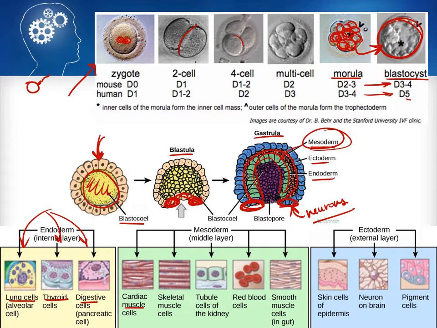This is going to be lots of muscle, some of our kidney cells, blood cells, lots of muscle and bone. And then ectoderm, this is what we're going to focus on most, because ectoderm actually turns into neurons and skin cells and some pigment cells. But most important for us in today's lecture, these ectoderm cells are going to differentiate into neurons.